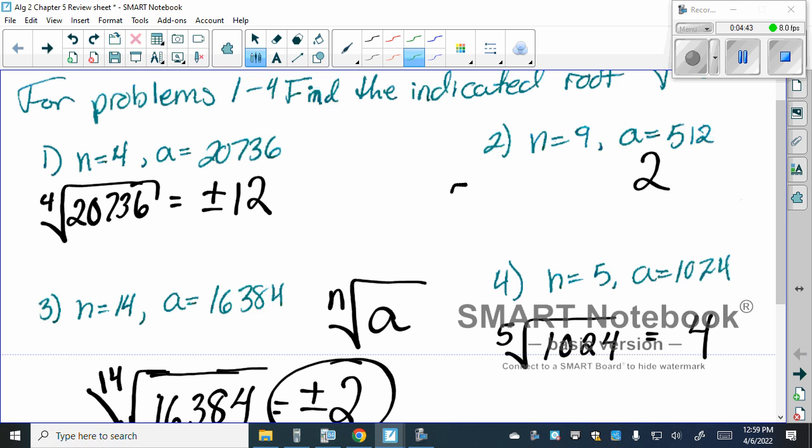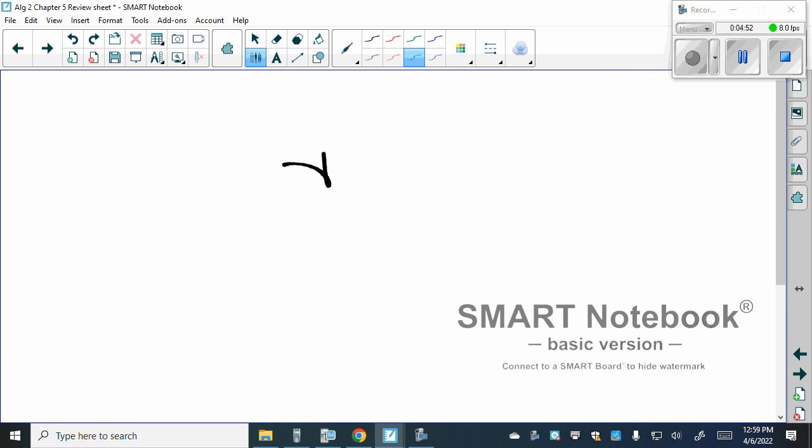If we wanted to, we could plug any of these in. So 512 to the 1/9 would work also, because that's going back to the nth root of a to the x is equal to a to the x over n. We can rewrite these radicals as fractional exponents.